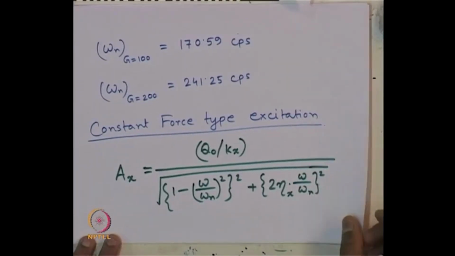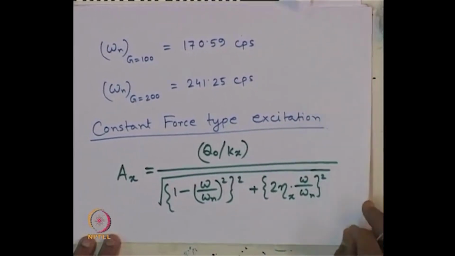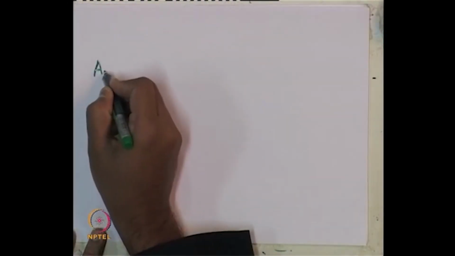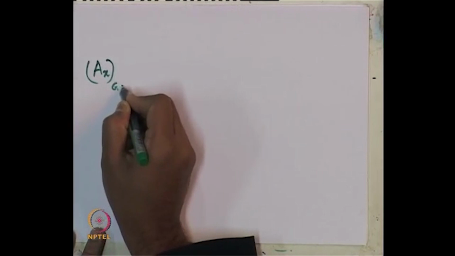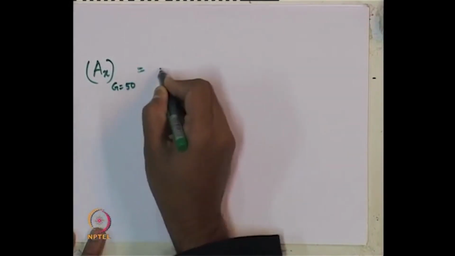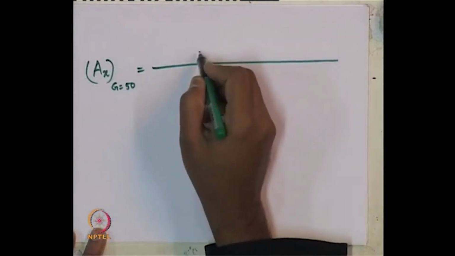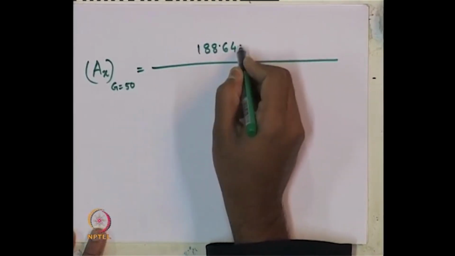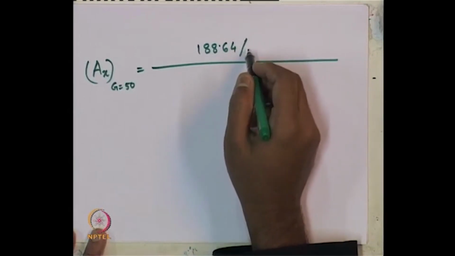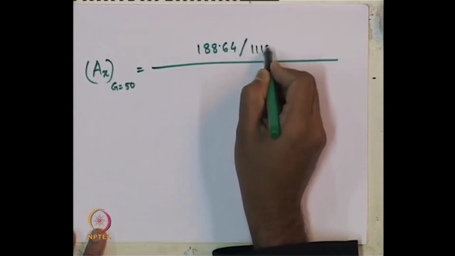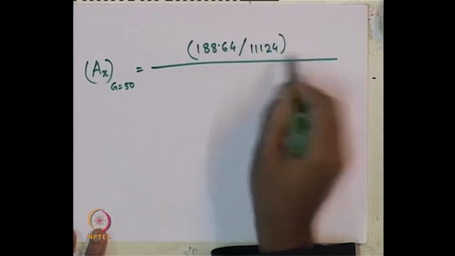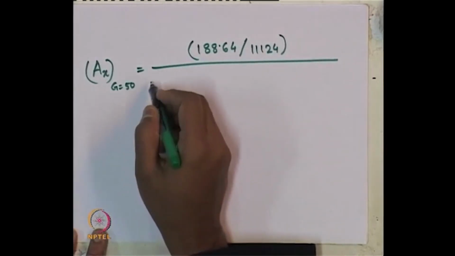Fine. So, with this expression now let us put the values and get for 3 different types of soil what are the displacement amplitudes. So, A x for g equals to 50, q naught is 188.64 kg force, k x we have calculated as 11124 kg force per centimeter. So, it will give us centimeter unit.